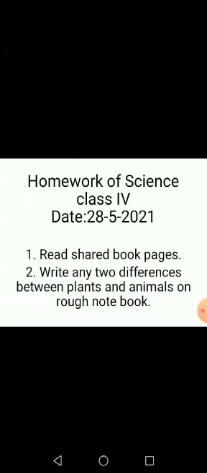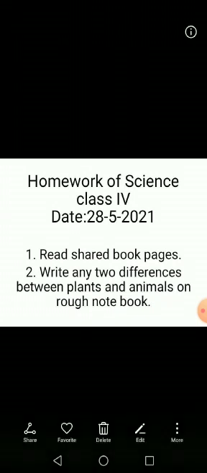As I have told you about the differences and similarities between plants and animals very clearly, it's very easy for you to write the differences.